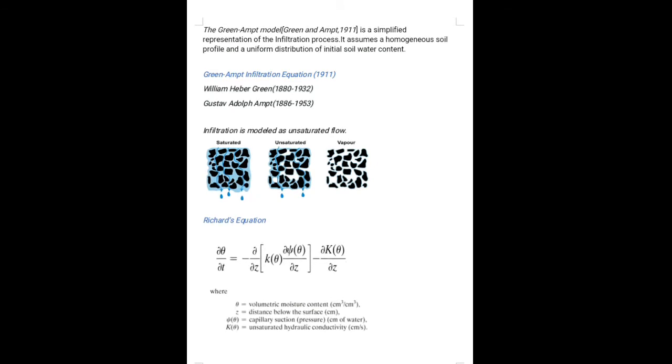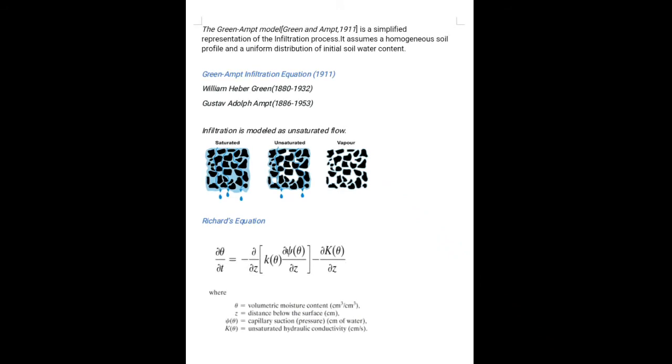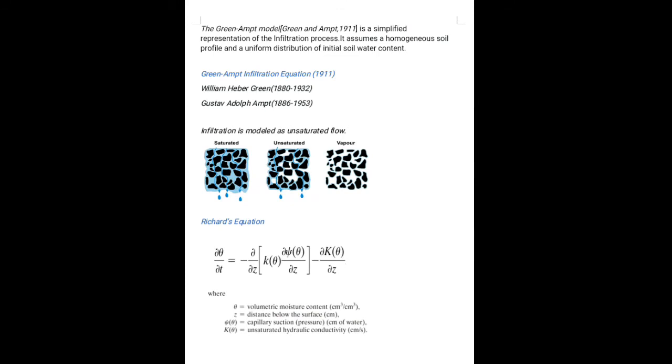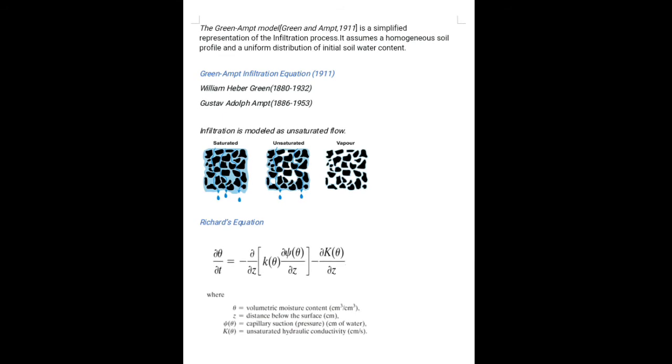Green-Ampt infiltration. So, ang infiltration ay nangyayari sa ilalim ng lupa. Meron tayong dalawang flows, saturated and unsaturated flows. Ang saturated is walang space na hangin sa baba ng soil. Puro tubig na lang ang nagfo-flow sa pores or void ng soil column.